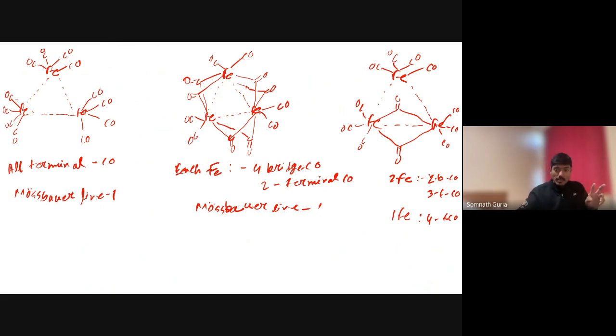Two are similar, having 3 terminal CO and 2 bridge CO, and another iron has the 4 terminal CO only.